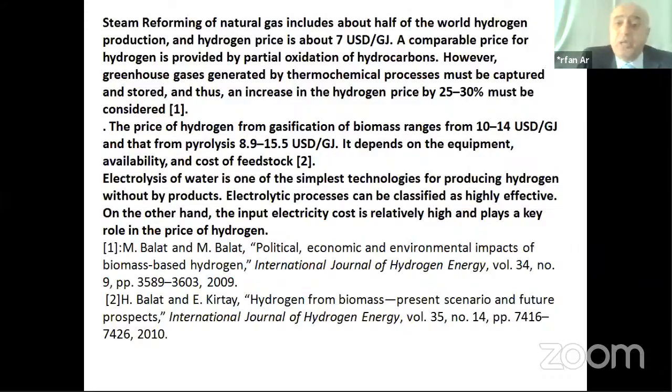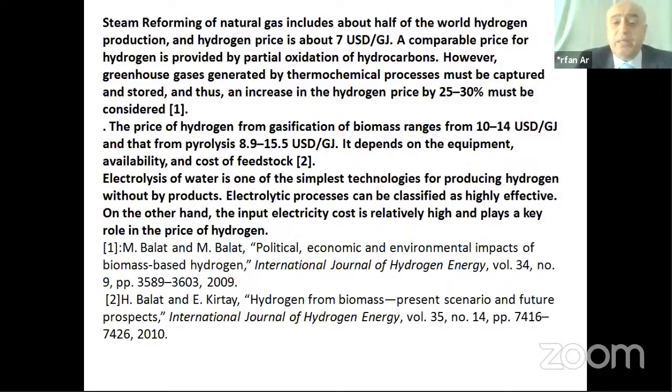Steam reforming of natural gas accounts for about half of the hydrogen production, and the hydrogen price is about $7 US per gigajoule. A comparable price for hydrogen is provided by partial oxidation of hydrocarbons. However, greenhouse gases generated by thermochemical processes must be captured and stored, and thus an increase in the hydrogen price by 25 to 30% must be considered.